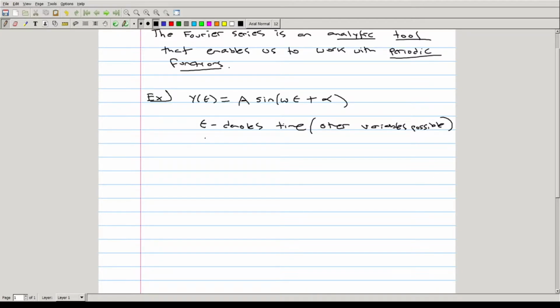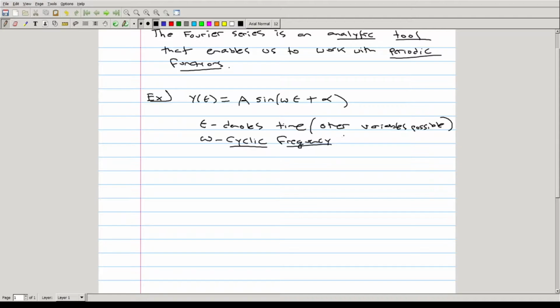Omega here, in this example, is the frequency of this curve, the cyclic frequency. So if you graph out what this looks like, this is going to be the exact frequency of some sine wave.